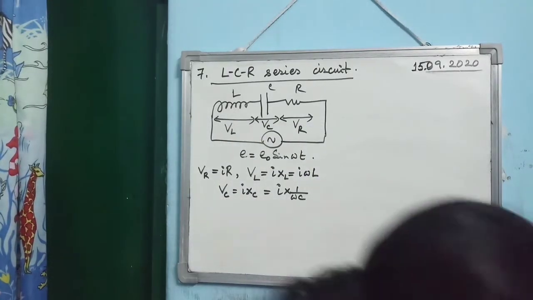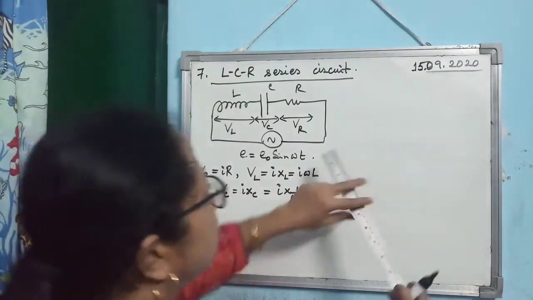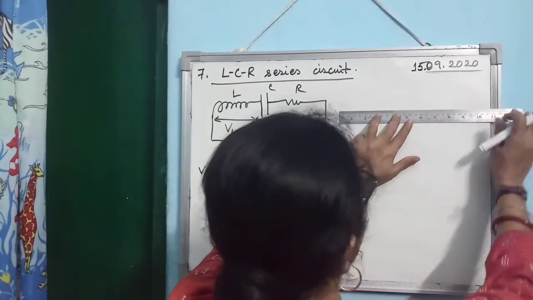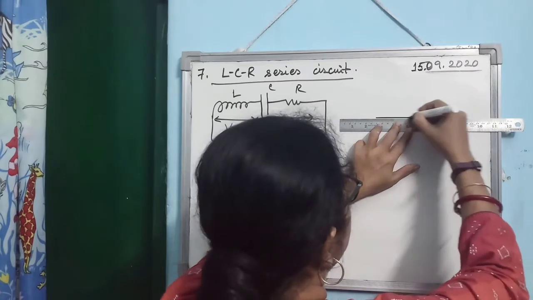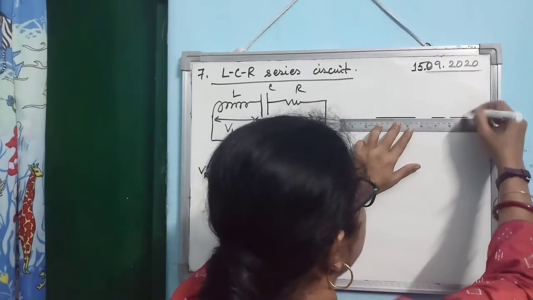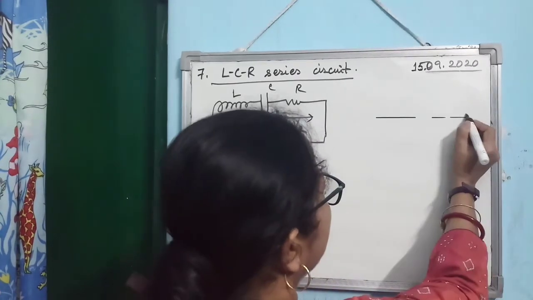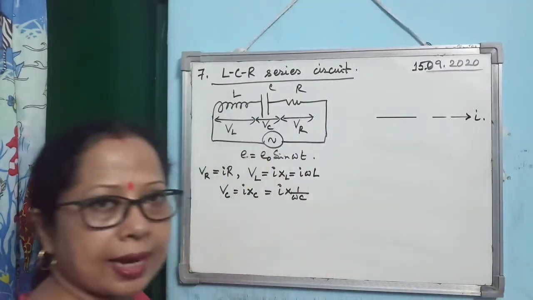Alright. So first of all, if you want to draw the phasor diagram, then how you can draw the phasor diagram? Suppose we are considering this is the reference line along which the current vector is acting.